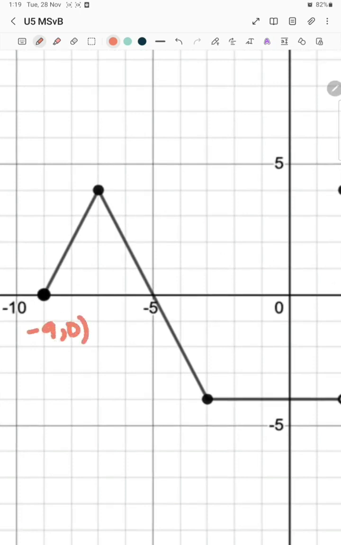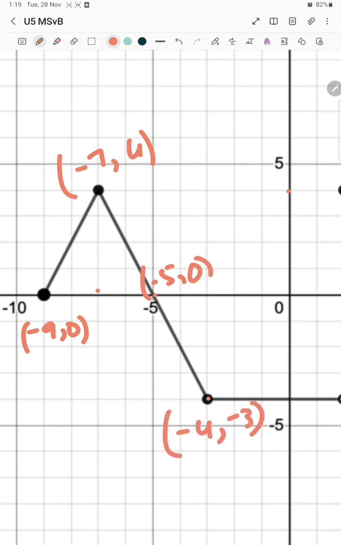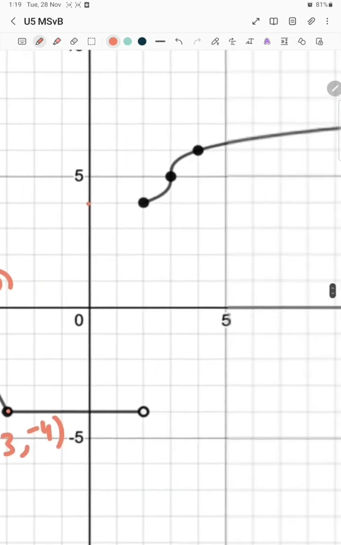Minus 9, 0, and this would be 6, 7, minus 7 and 4. Minus 5 and 0. Minus 4 and minus 3, no sorry. 2, 3, minus 3 and minus 4.